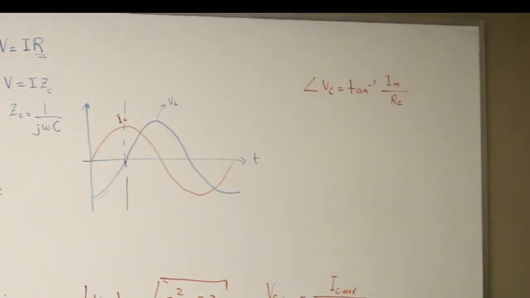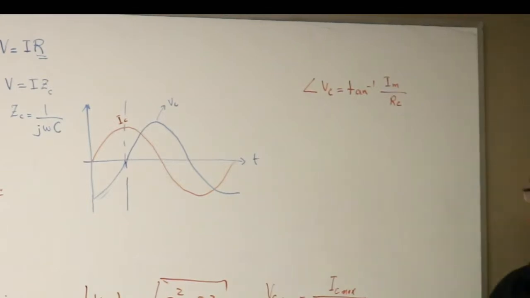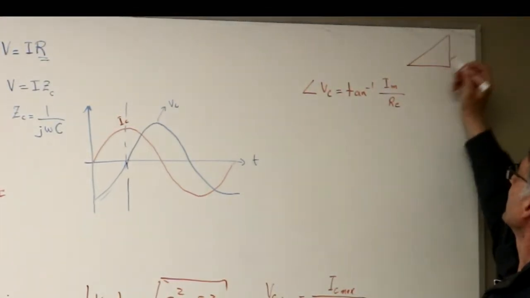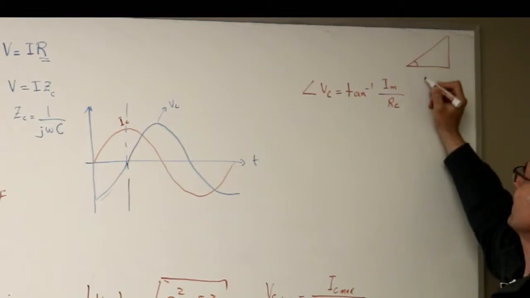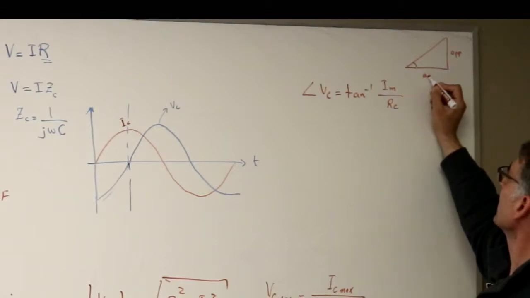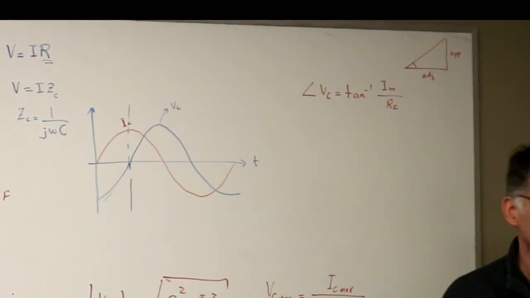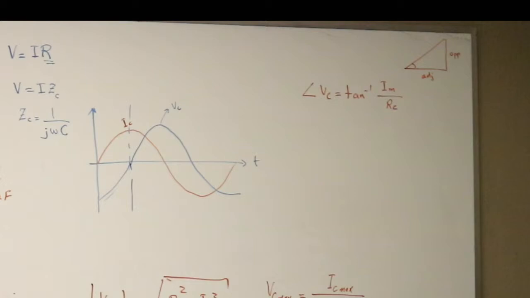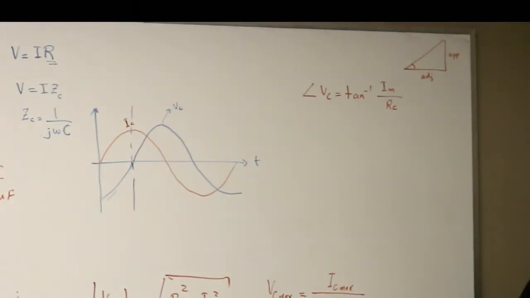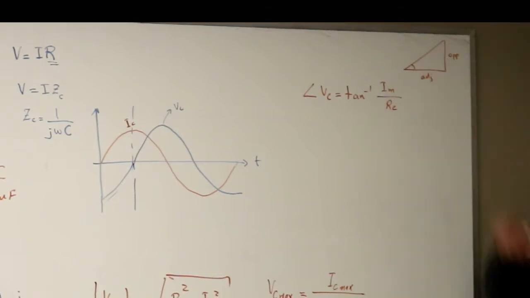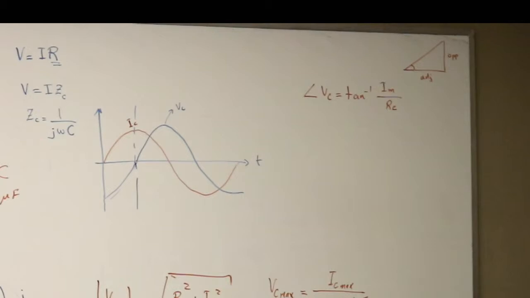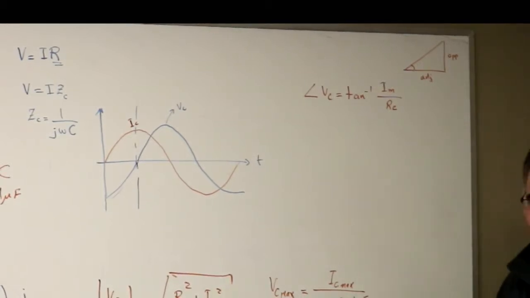I don't remember what tangent is. Tangent: if you have a right triangle, the tangent of this angle is the opposite over the adjacent. An inverse tangent gives you the angle. If I give you the tangent value and you take the inverse tangent, that will give you the angle. It makes sense. It's genius.